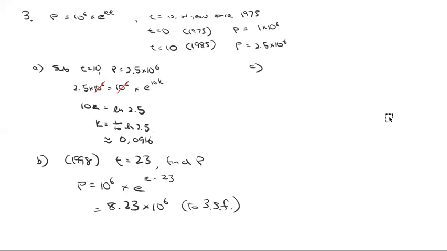C, in what year was it 10 million? Do you understand what the question is asking? Find t when P is 10 million.